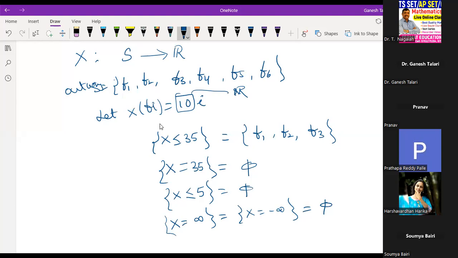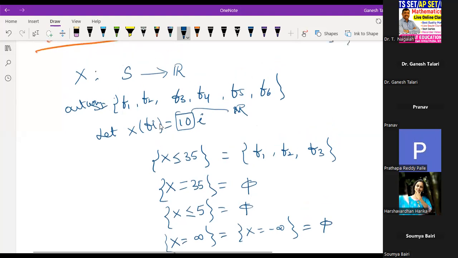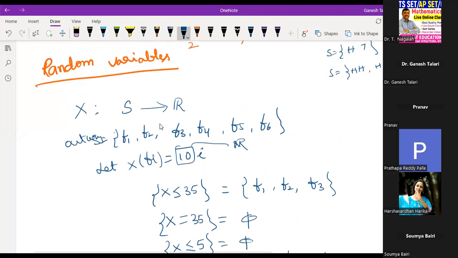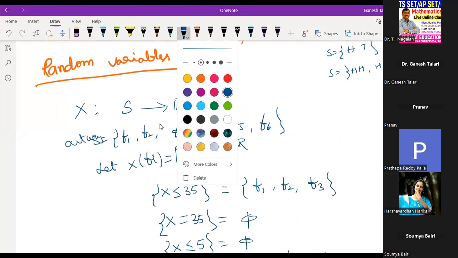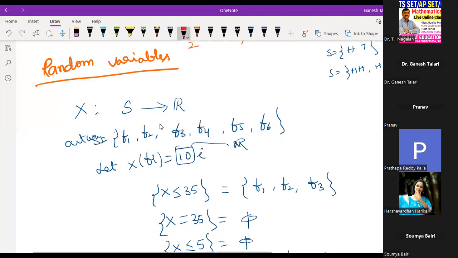Which means your sample space is going to be defined on the real plane. This X is a function of outcomes.